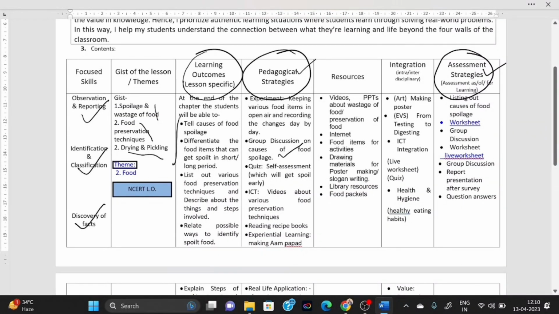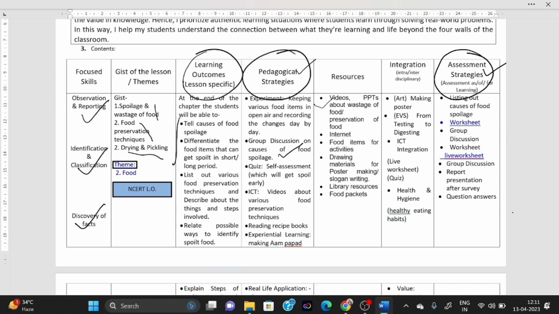The resources I have used for this lesson are videos and PPTs about wastage of food and preservation of food, internet resources, food items to conduct various activities, drawing materials for poster making or slogan writing, library resources and food packets.